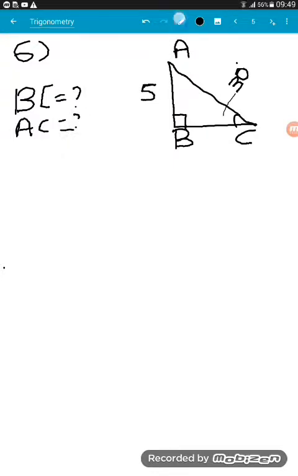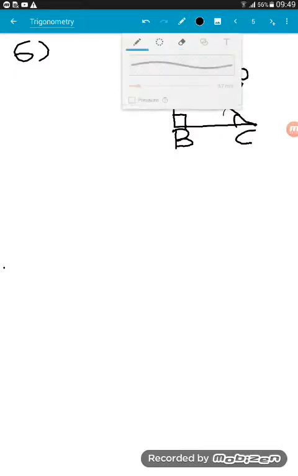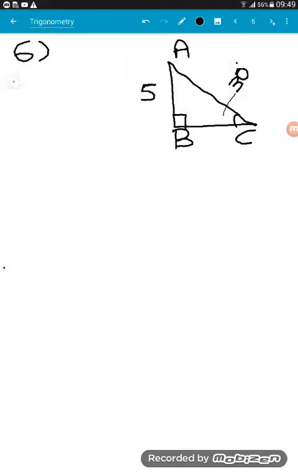So first we will find BC. As we know that if this angle is 30 degree and this is 90 degree, in a triangle the sum of all the angles should be 180 degree.